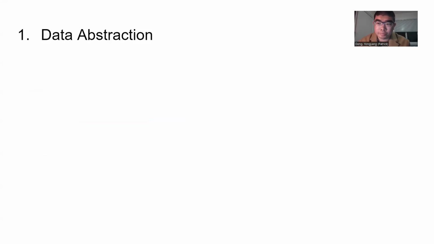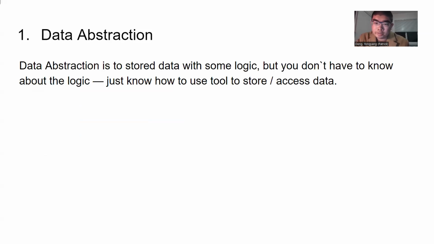So how is this related to programming? The things I said actually happen every day in our life. Data abstraction is like storing data with some logic, but you don't have to know about the logic.